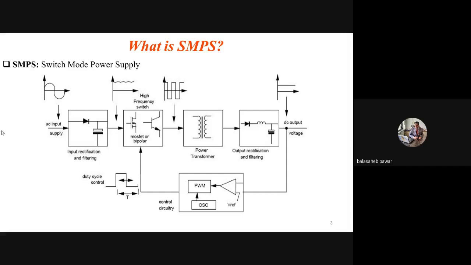By that, we determine the Ton. So how much was it? 1.2 microseconds. And Toff, total T was 50 microseconds, correct? And that's why the Toff was 48.8 microseconds, right?